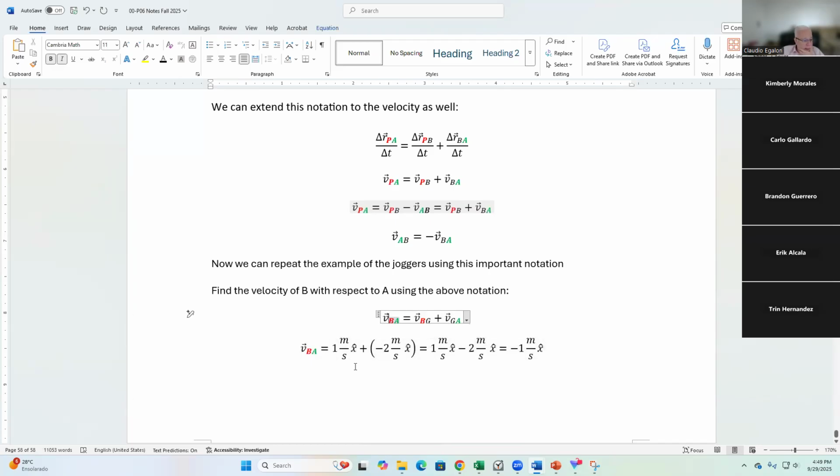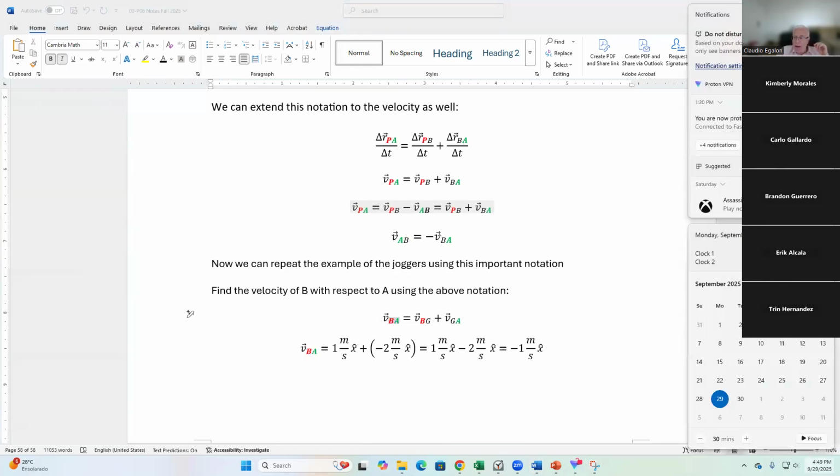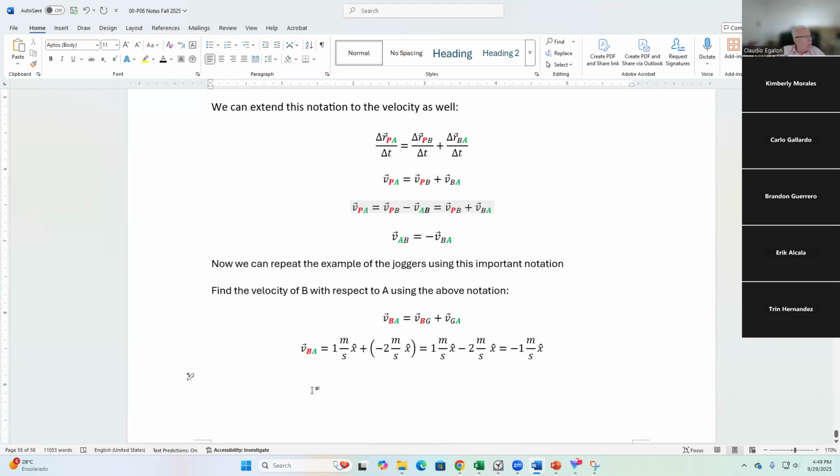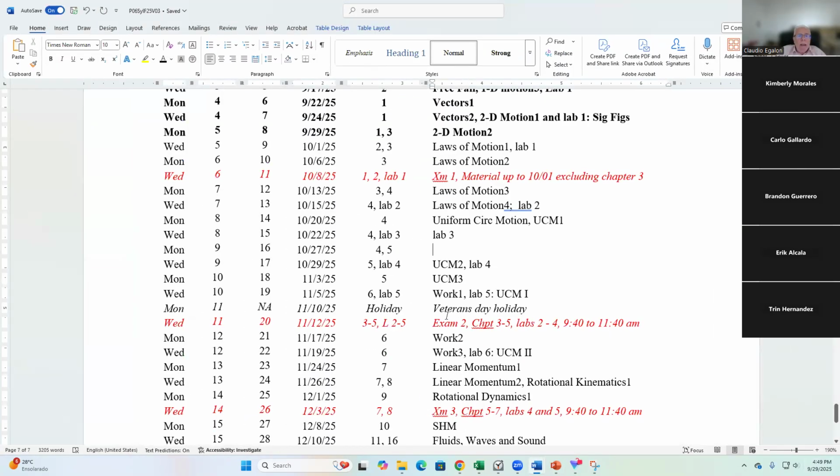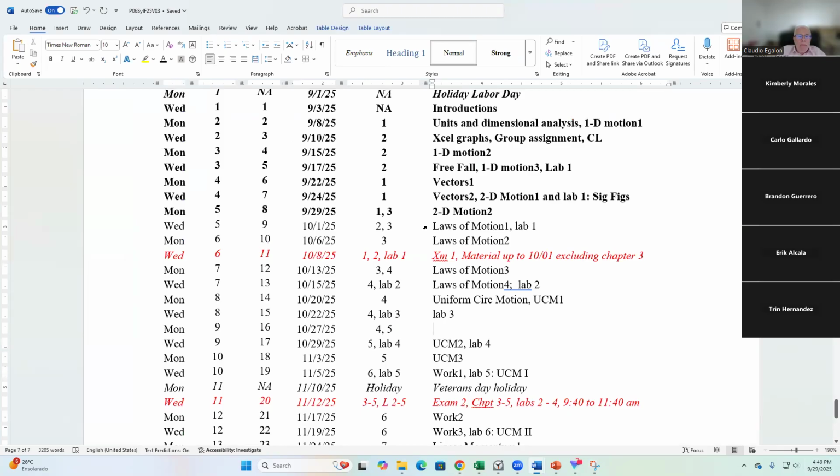So next time, it's 12:49 right now. Next time we're going to do a more complicated problem, not a one-dimensional problem, but a two-dimensional problem, okay? And so I can update my syllabus here. We're going to have another meeting on chapter 3, 2, 3, and then we're going to start chapter 4 next time. 2D motion number 3.